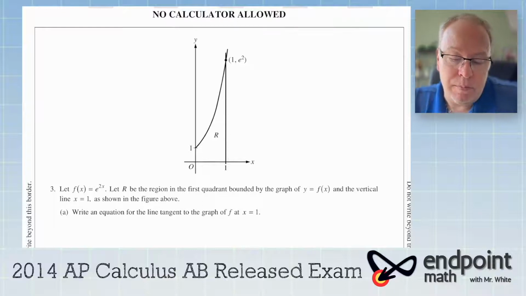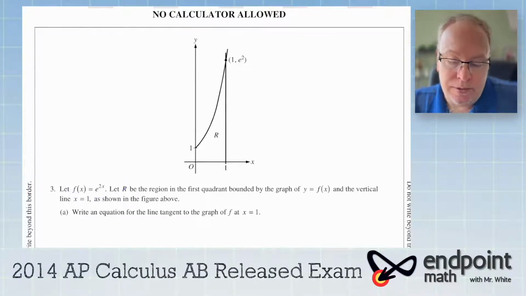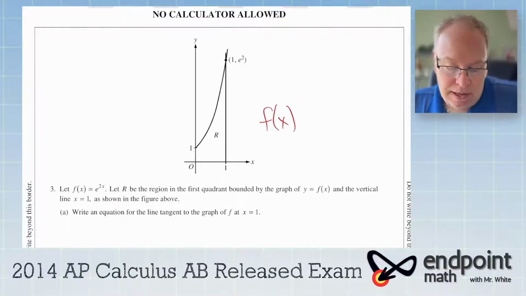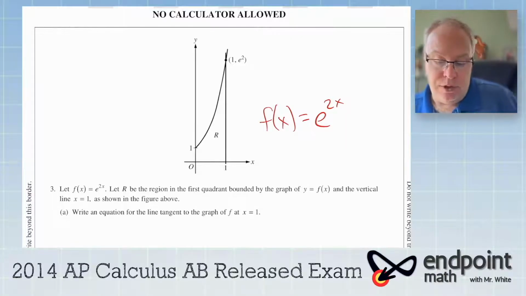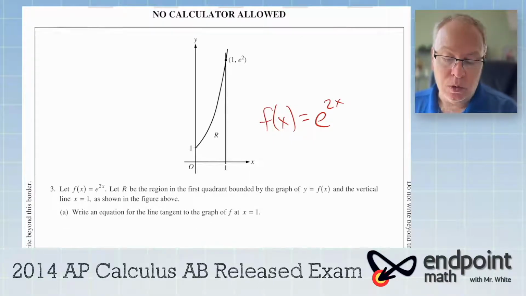All right, let's look at number 3 here. It says f of x equals e to the 2x. That's what we're looking at here. Let R be the region in the first quadrant bounded by the graph that you see there and the vertical line x equals 1.